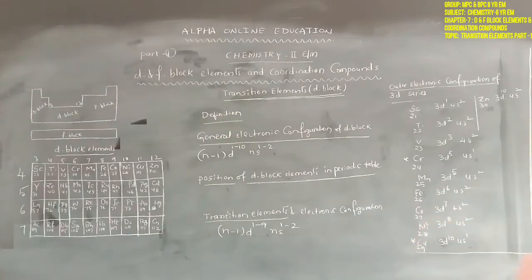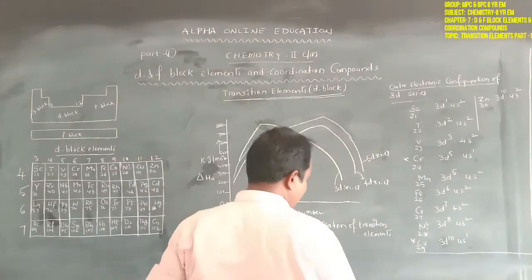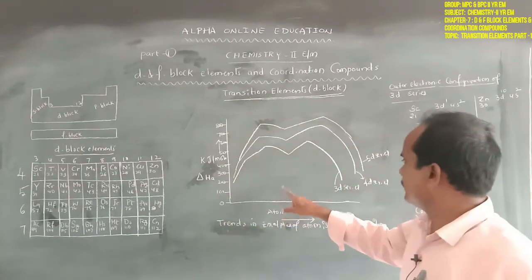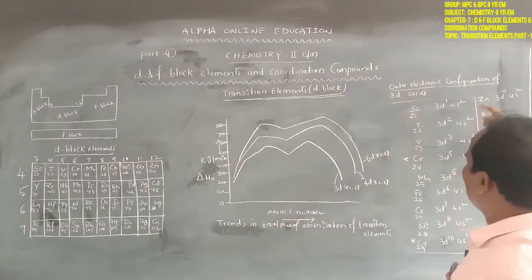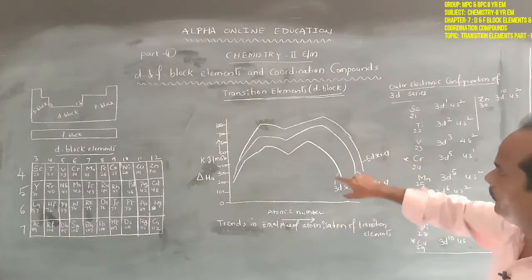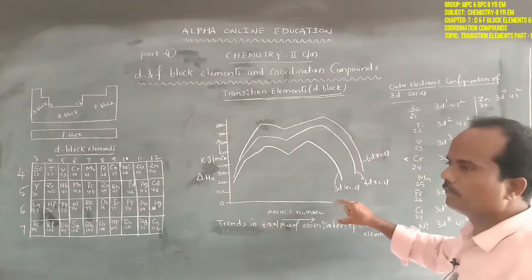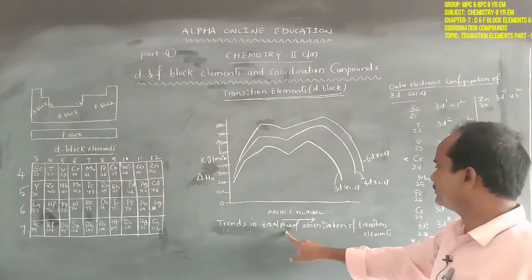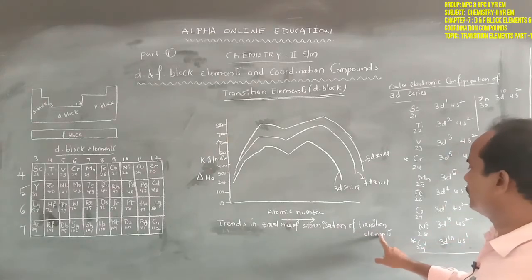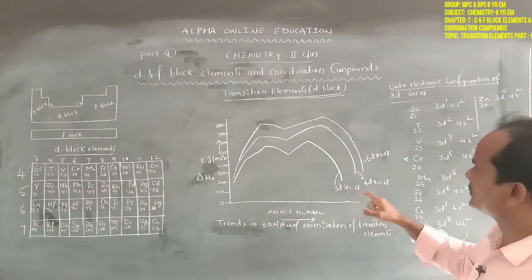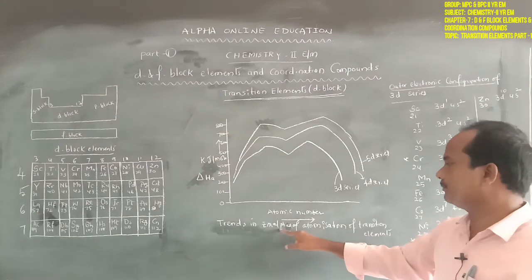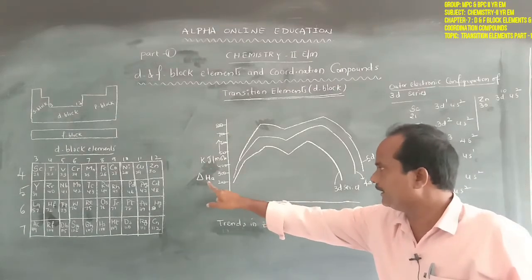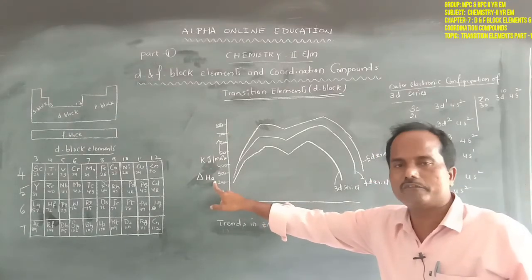In transition elements, the metallic bond is very strong. The reason is that more electrons are available for metallic bonding. When the metallic bond is very strong, their enthalpies of atomization are also very high. What is meant by enthalpy of atomization?